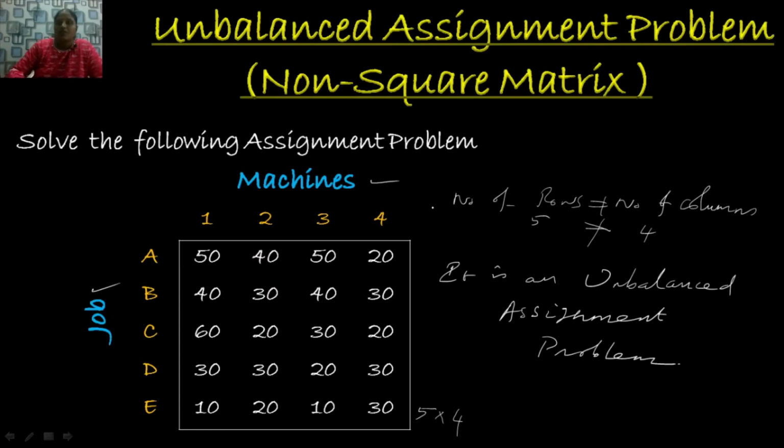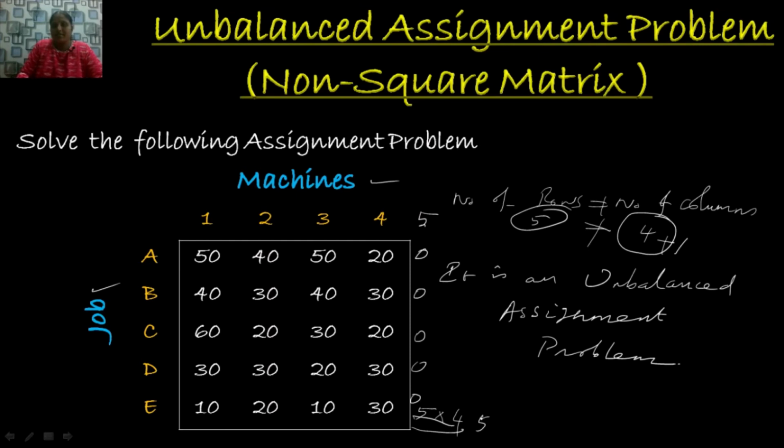So we have to add one more column since we have only 4 columns and 5 rows. So to make it balanced, we introduce one more column. Since we have 4 columns, I have to add my next column, that is my dummy column. I have to label that as 5 with 0 cost elements.